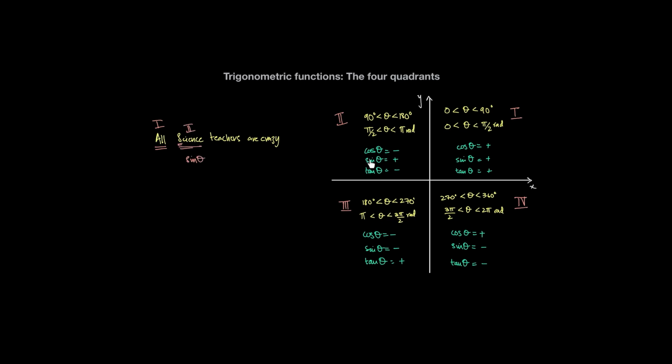In the third quadrant, the word teachers starts with T, so only the tan function, or tan of theta, takes on a positive value. And then the word crazy starts with C, so in the fourth quadrant, only the cosine function takes on a positive value.